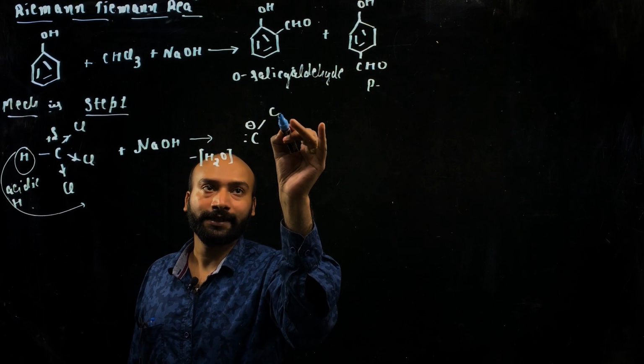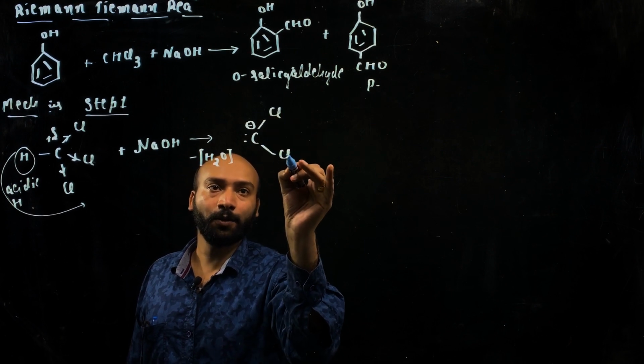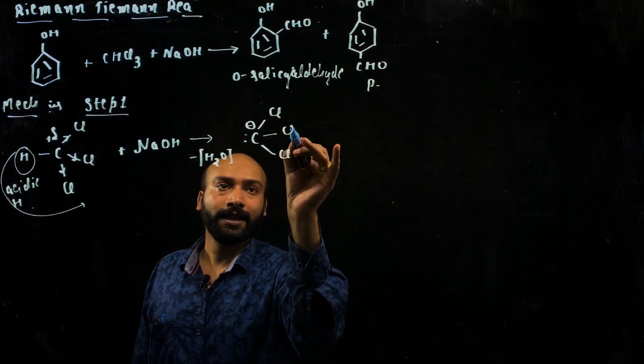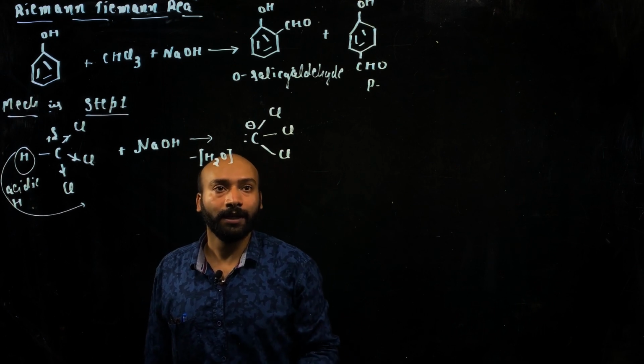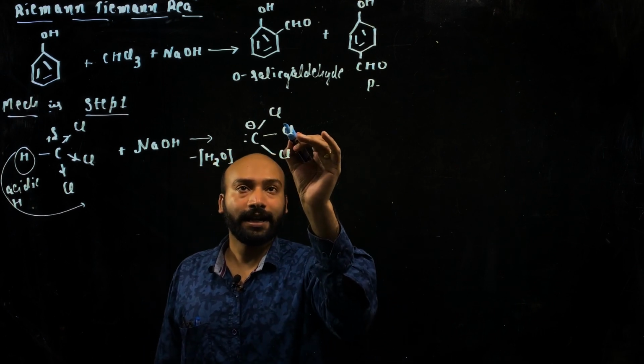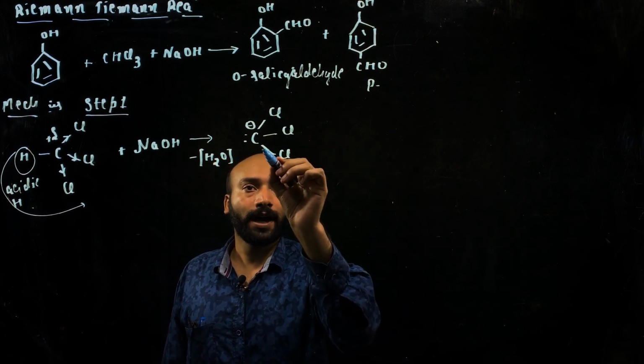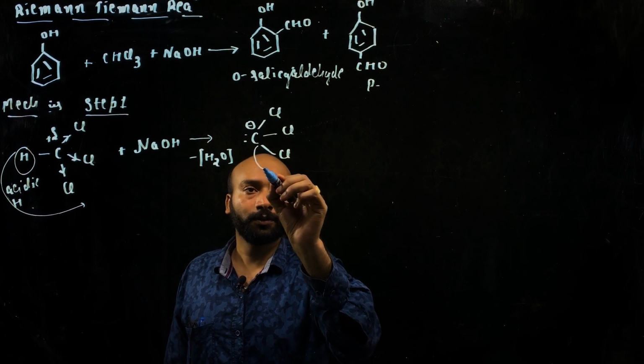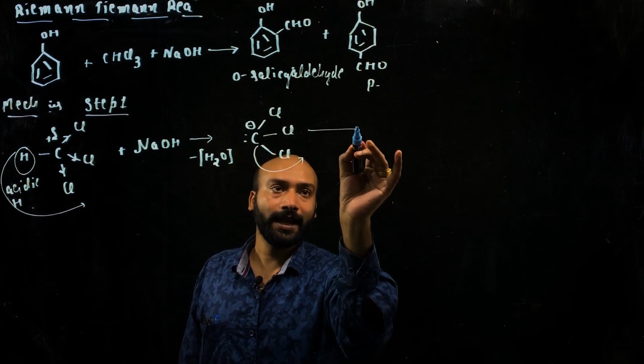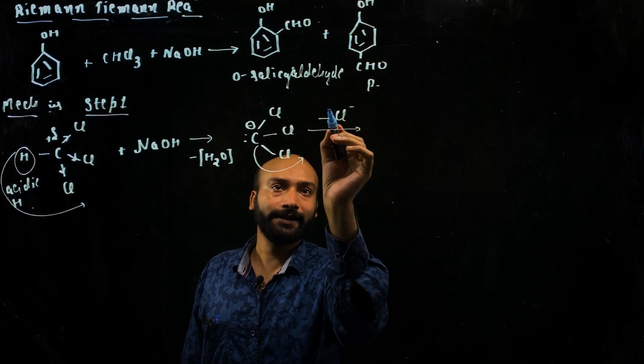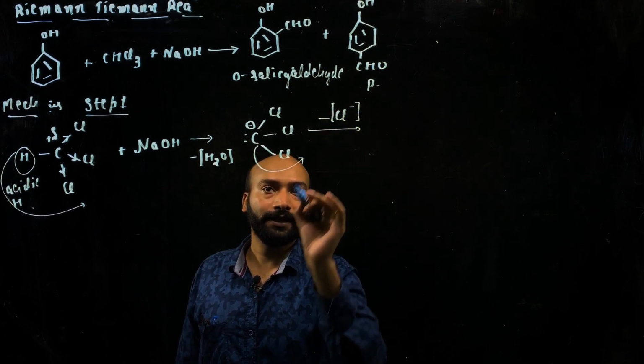So the product is CCl3 negative, and we well know that Cl is a very good leaving group. So Cl negative is released.